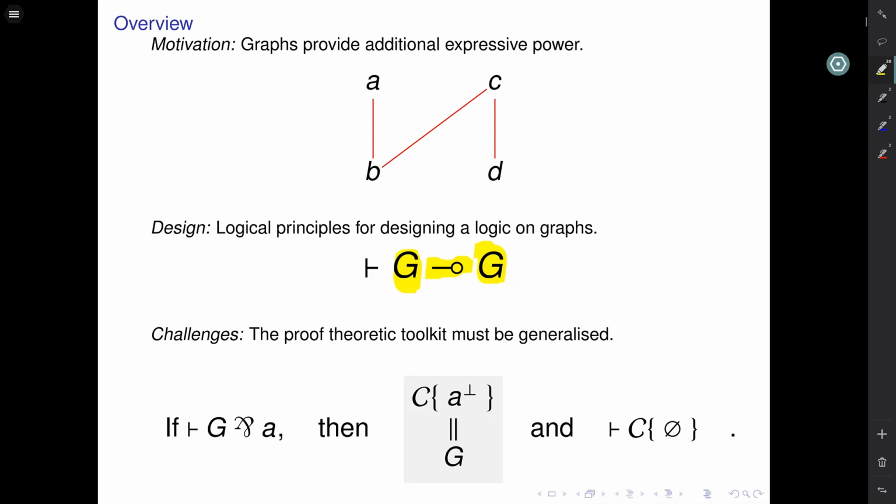A really important thing is that we needed to go beyond the standard proof theoretic toolkit that we use from day to day. So for instance, if we have a structure like this, with the atomic proposition A, and some graph which is in a disjunction with it, we should be able to rewrite that graph to become the complement of that atomic proposition, and thereby apply a rule to that atomic proposition.